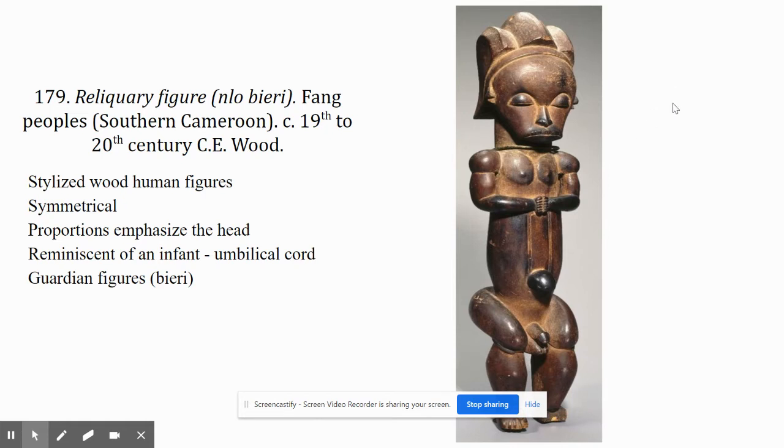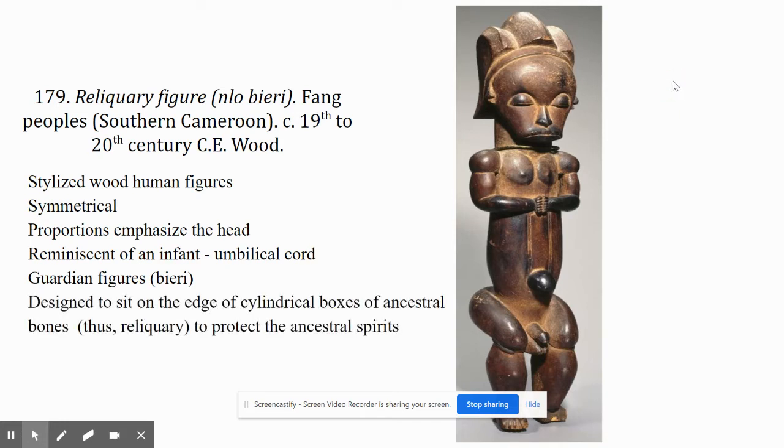These figures are there to keep uninitiated boys and women from looking at the remains of the ancestors, because that would be a dishonorable thing. So it sits on the edge of the box that contains the bones, right?